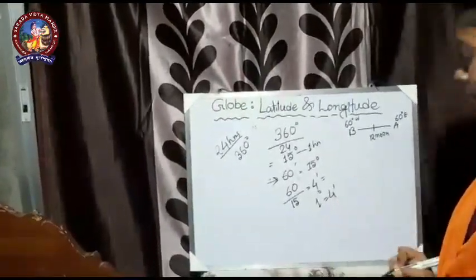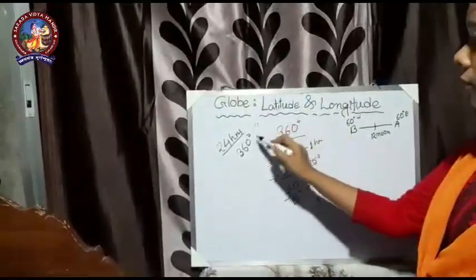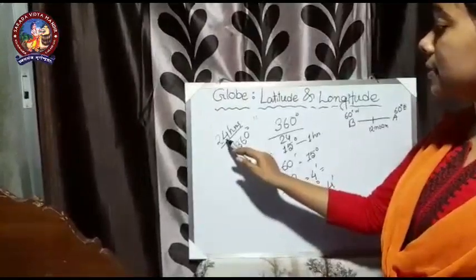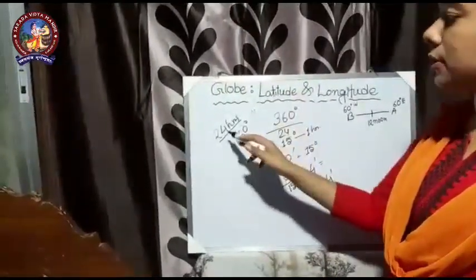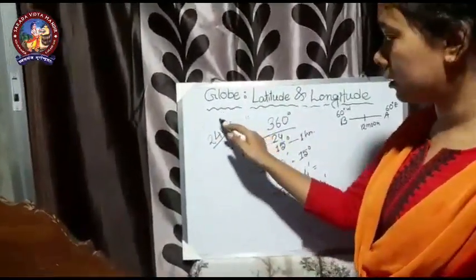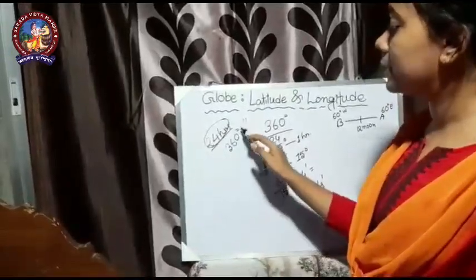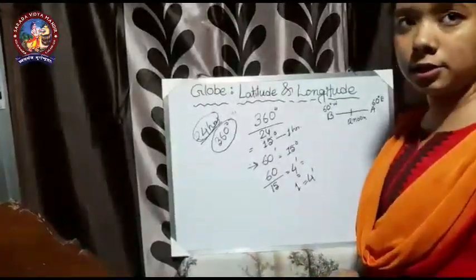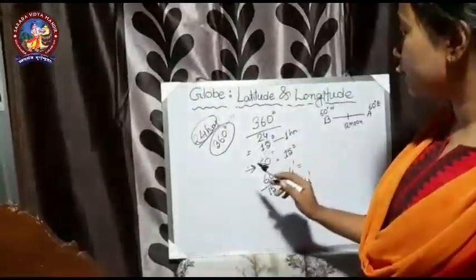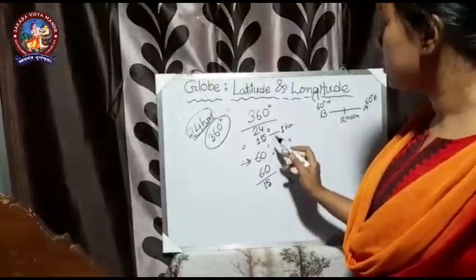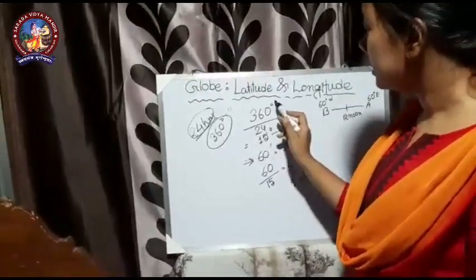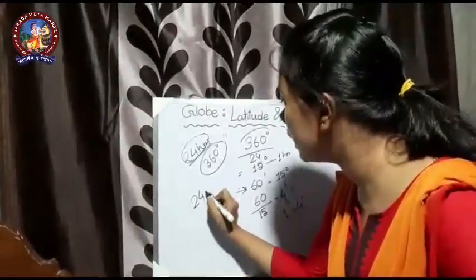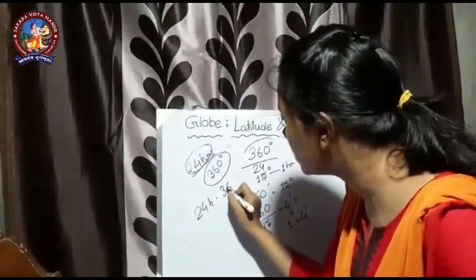So 1 degree is considered as 4 minutes. See here, I'm discussing it again. Earth rotates on its axis. Its rotation takes 24 hours. In 24 hours, it's moving 360 degree as it's in spherical shape. Now we'll have to find out for 1 hour how many degrees it's moving. For 24 hours, 360 degree.